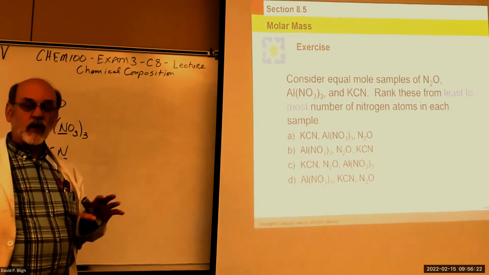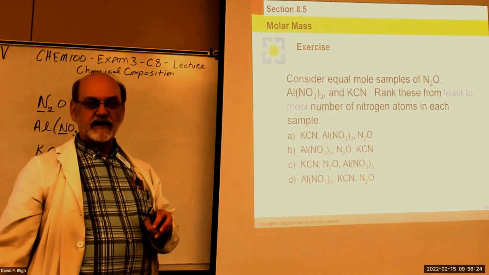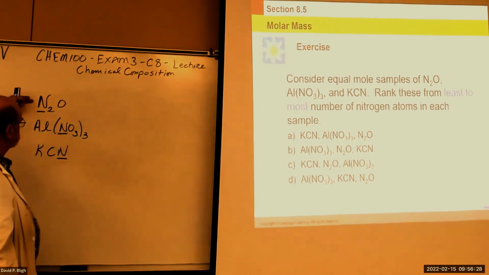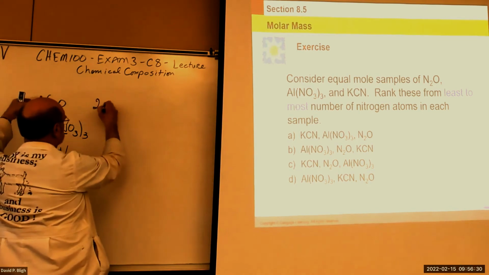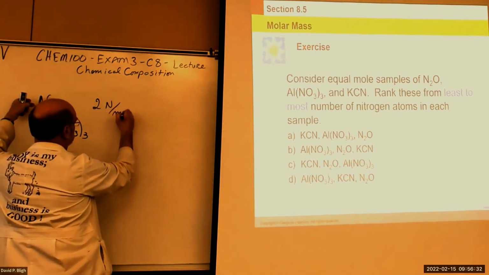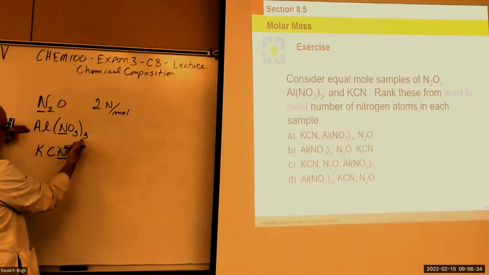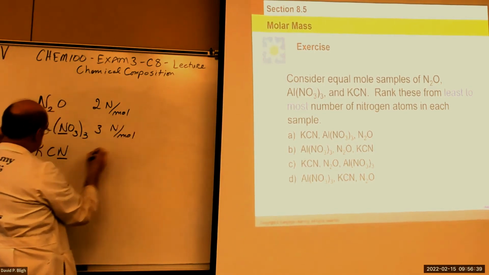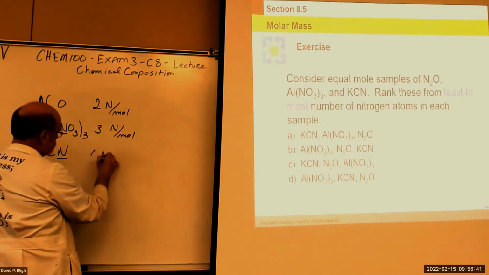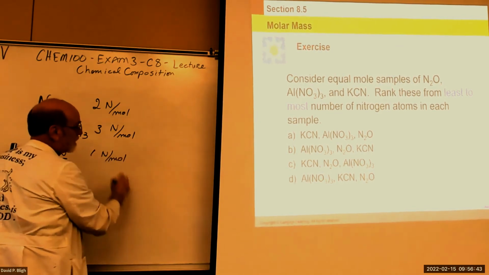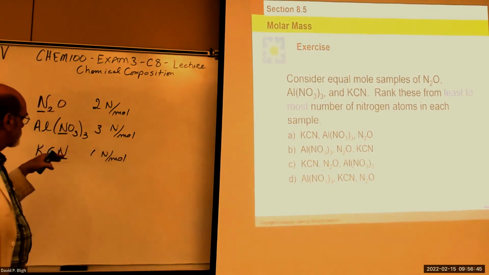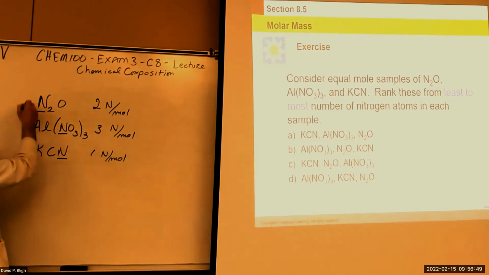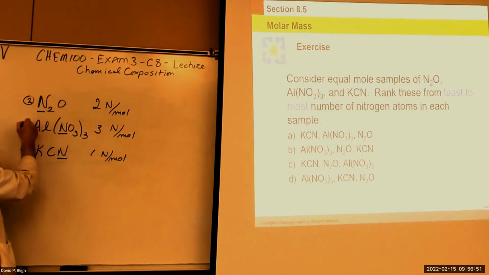If you have equal mole samples, same number of moles of each of the compounds, then 1 mole of this has 2 nitrogens. 2 nitrogens per mole. This one has 3 nitrogens per mole. This one has 1 nitrogen per mole. So if we rank it from least to most, it will be this one, and this one, and this one.